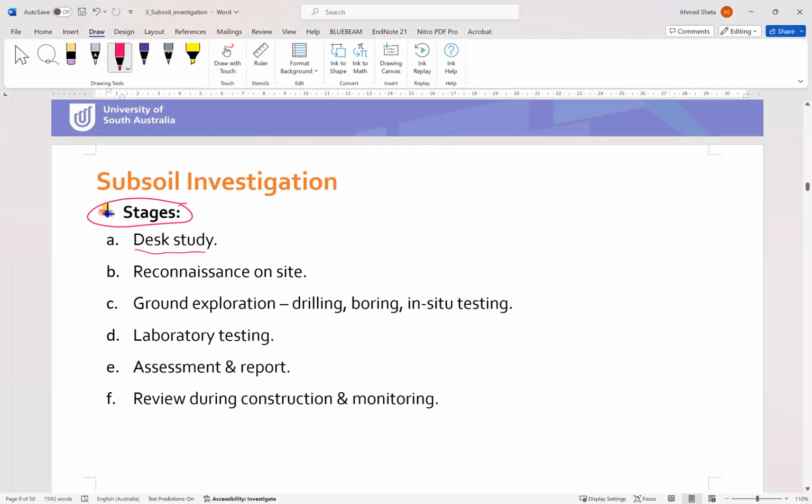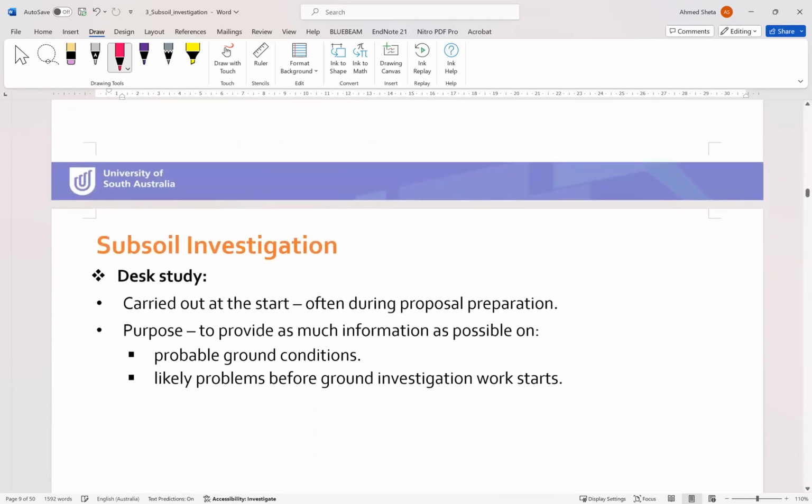The first is the desk study, and then the reconnaissance survey on site, so the site survey, ground exploration, laboratory testing, assessment and reporting, and then the final step is review during construction and keep monitoring the soil behavior. Okay, so we'll take the stages step by step.